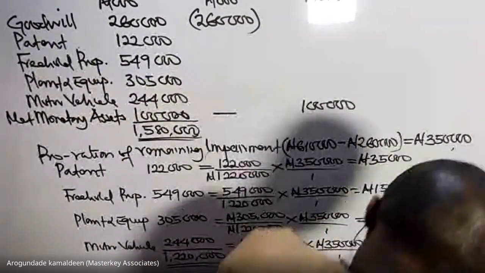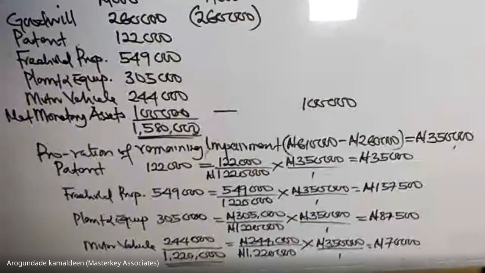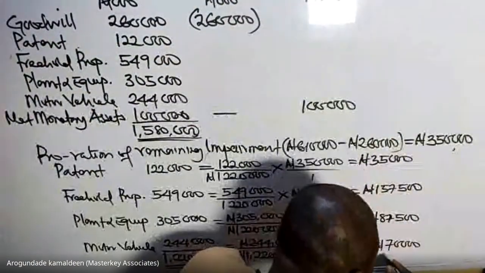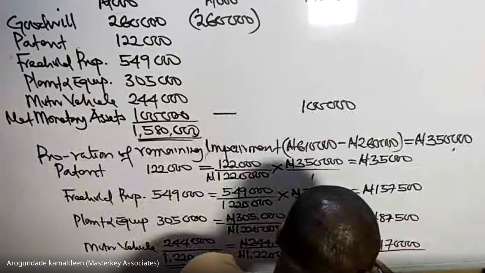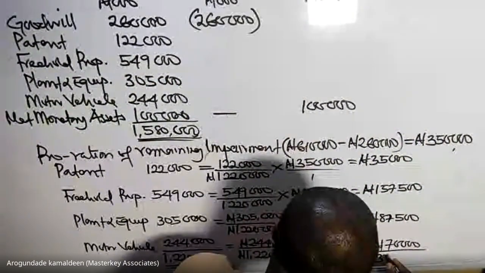Okay, so if you add that back, please, are we getting the 350 back? Please, class, let me confirm. This will give us 350 back.